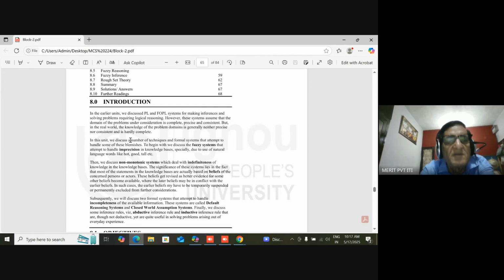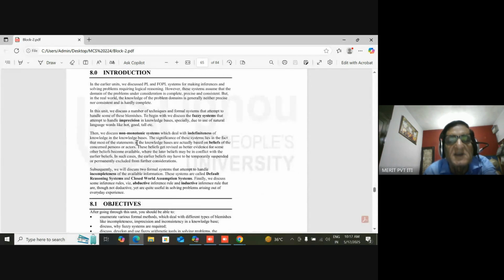In the earlier unit, we discussed predicate logic and first order predicate logic system for making inferences and all that. In this unit, we discuss a number of techniques and formalities. To begin with, we discussed the fuzzy system, an attempt to handle imprecision in knowledge. If you say a person is tall, how tall?